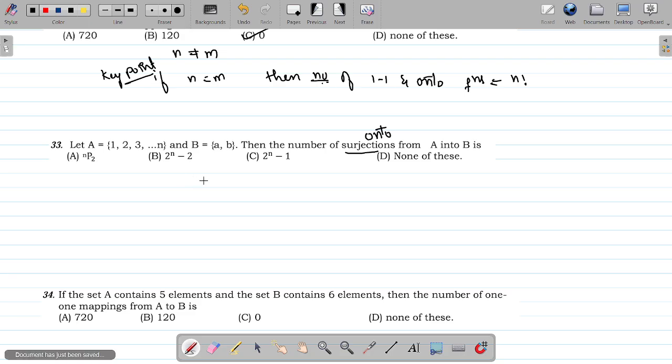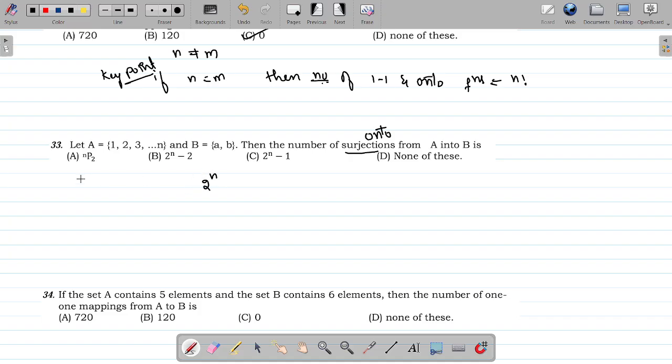How to find the total number of functions? You know that total number of functions is given by 2 power cardinality of the set A. Here the cardinality of set A is n, so 2 power n.